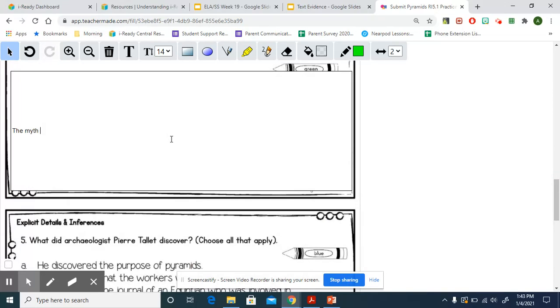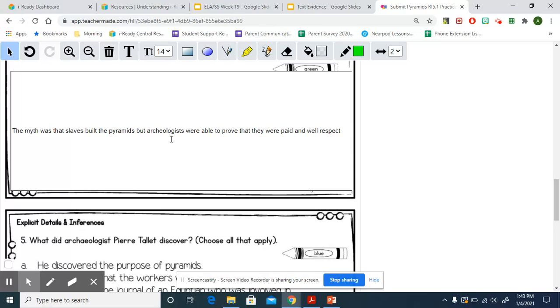The myth was that slaves built the pyramids. Archaeologists were able to prove that they were paid and well respected.